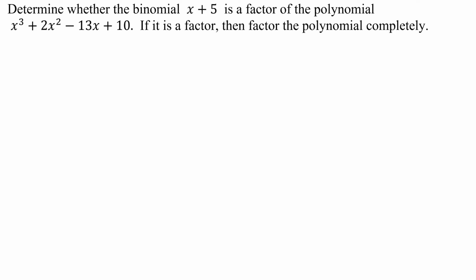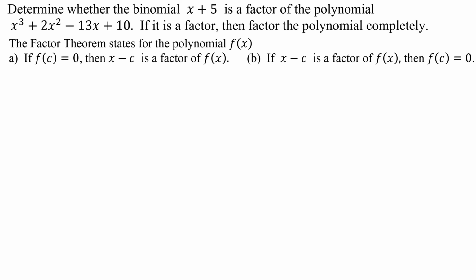To help me solve this problem, I'm going to use the factor theorem, which states that for the polynomial f of x, if f of c equals 0, then x minus c is a factor of f of x. And if x minus c is a factor of f of x, then f of c equals 0.